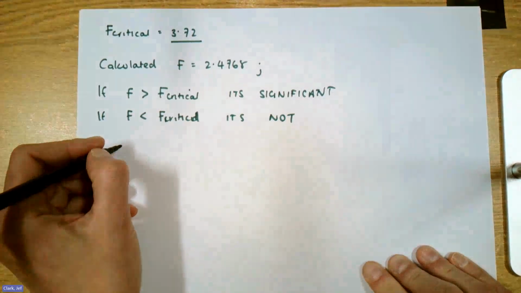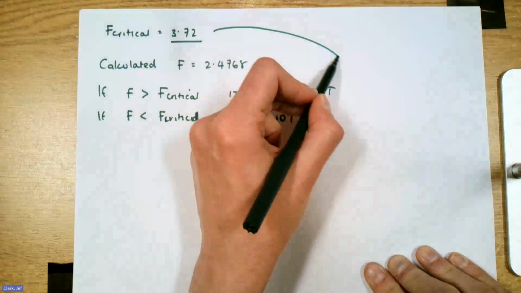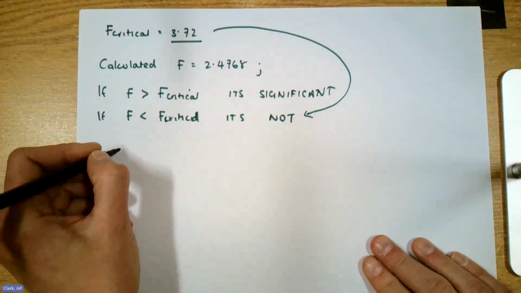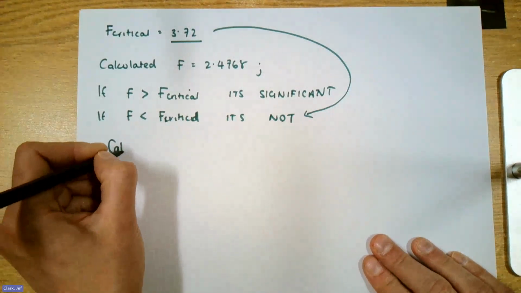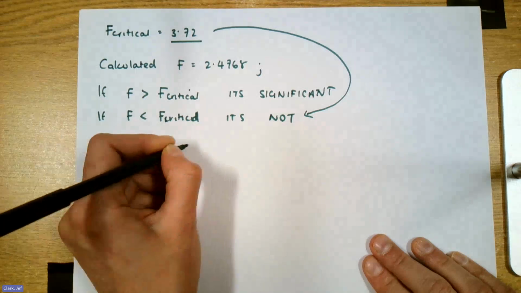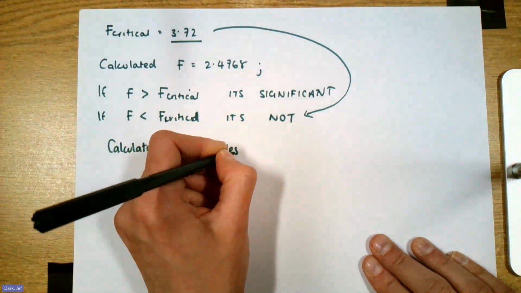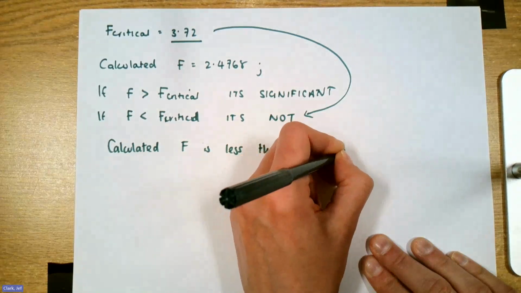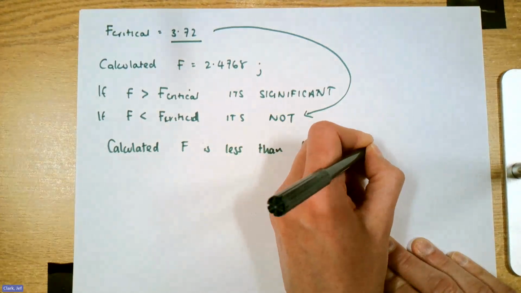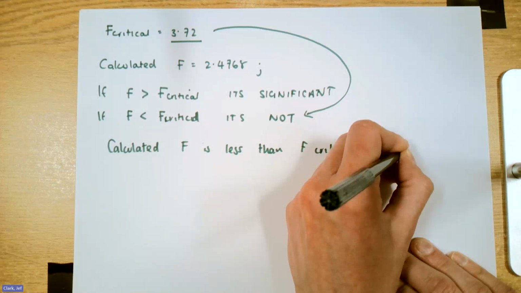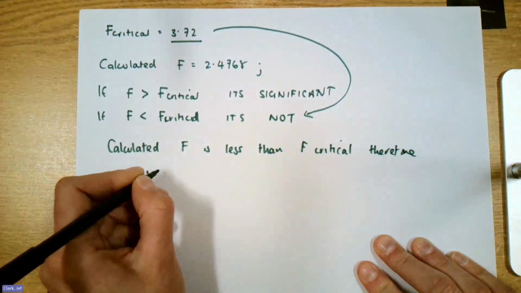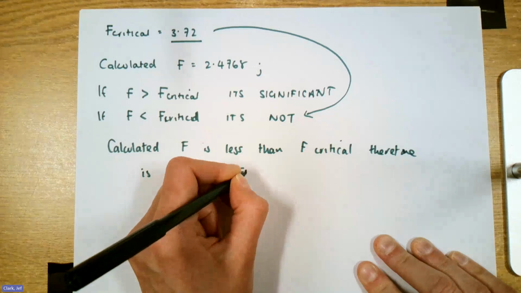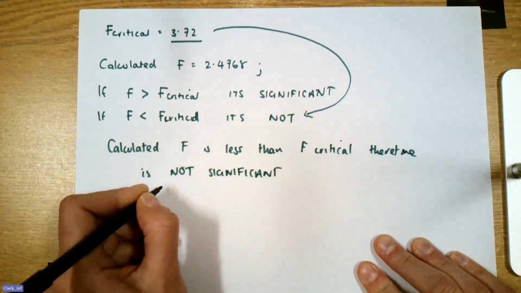And please remember, write down all these facts. So I need you to say, calculated F is less than F critical, therefore it is not significant.